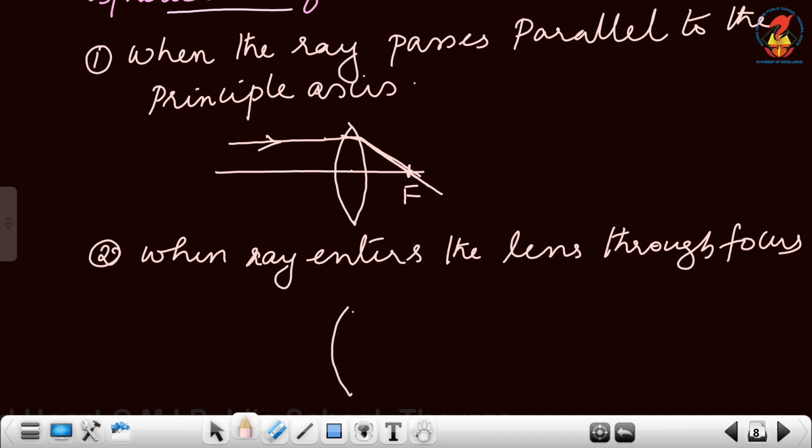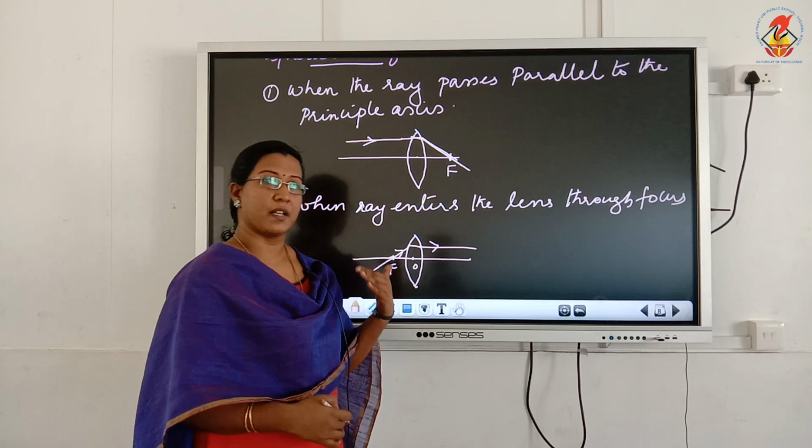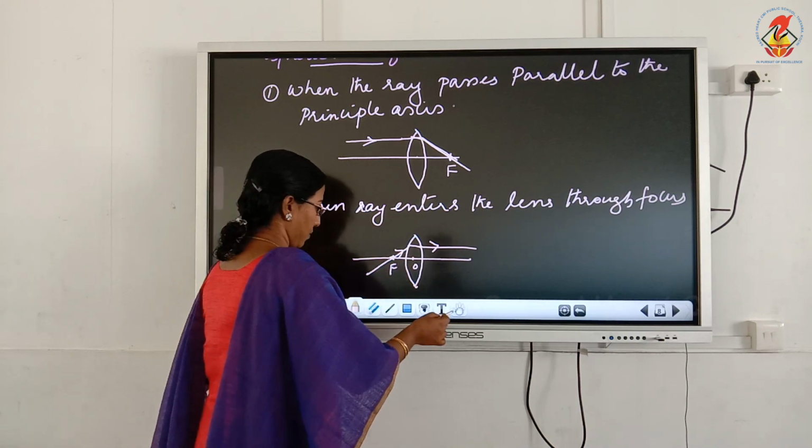This is the lens, optic center, the ray which enters the lens through principal focus. After refraction, what happens? It passes parallel to the principal axis. So any ray which enters the lens through principal focus after refraction travels parallel to the principal axis.